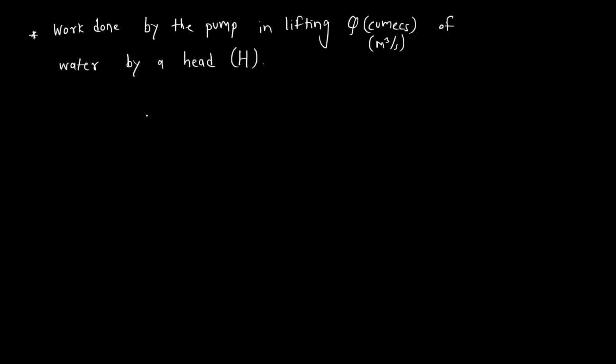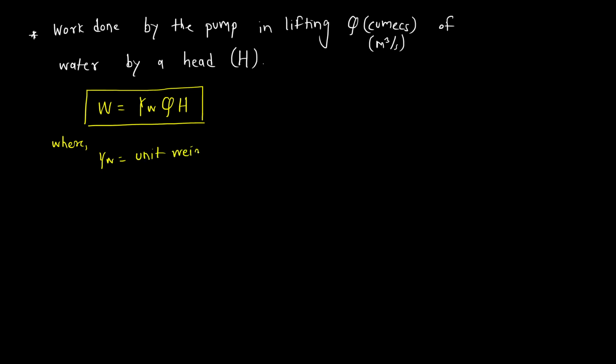For this, the work done is equal to gamma W into Q into H. This is the formula for work done to lift the water up to height H, where gamma W is called the unit weight of water, Q is discharge in meter cube per second, and H is the total head.